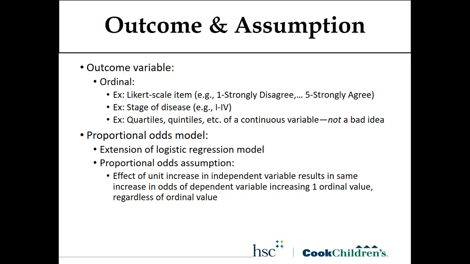And I mentioned that the median split in a logistic regression is not a very good method because you lose so much information. Well, if you were instead to take quartiles, four groups with relatively equal frequencies of patients, each with about 25% of the sample, or quintiles, five groups with 20% of the sample in each, this is actually not a bad idea.